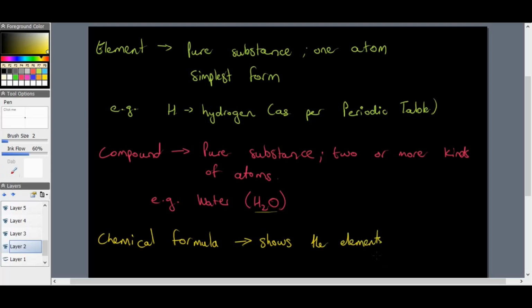It shows the elements present in the compound. It also shows how many atoms of each element. So for example, we have here H2O. We can see we have 2 hydrogen atoms and 1 oxygen atom.